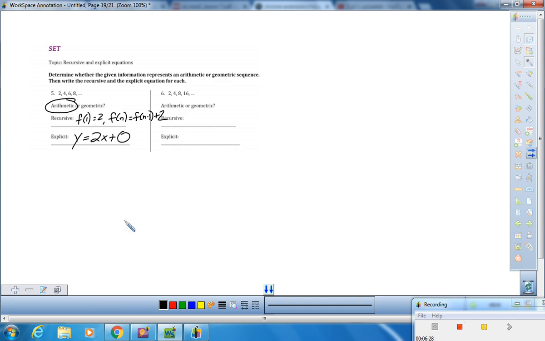All right. 2, it's double. This is geometric. Recursive is easier for this one. F of 1 is 2. F of n is f of n minus 1 times 2.